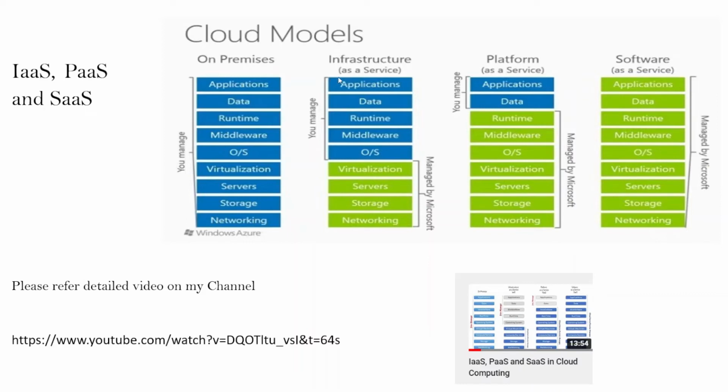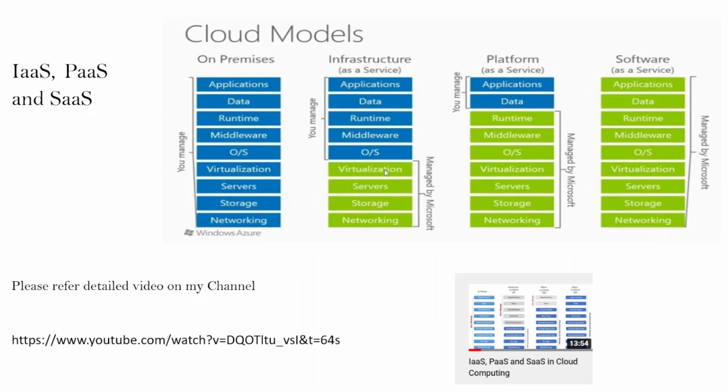Out of this, the green ones are the infrastructure, and these three are part of the platform. And if you are taking everything from a single place, then all of it can be termed as software. If only the infrastructure part is managed by Microsoft, then you are opting for infrastructure as a service. So virtualization you can see here.